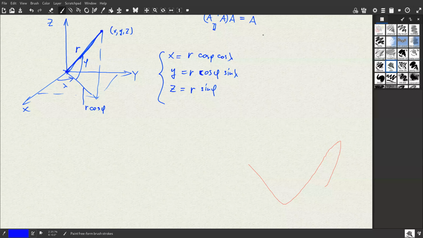So these are actually transformation formulas between the vector x, y, z and the vector, well, not a vector, but I would say a triple. In this case, it is really not a vector because there is no vector arithmetic applied to it.